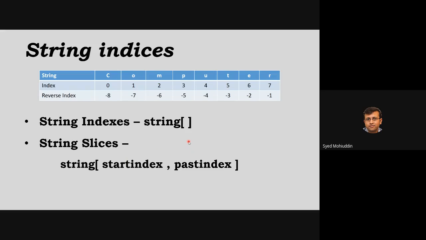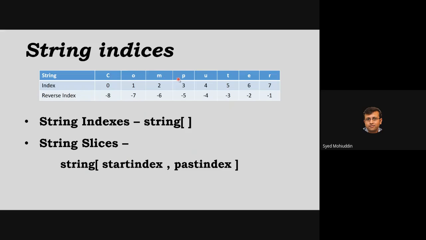Now suppose we can also use string of -7 to, let's say, -2. So we can have string of -7, -2. What will be returned?